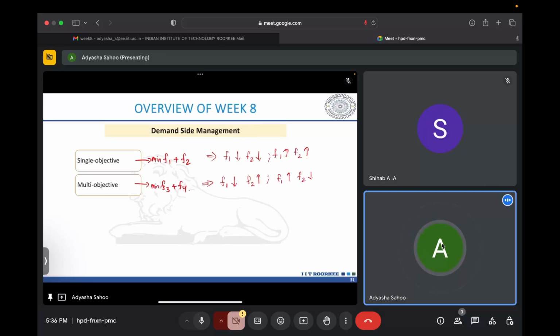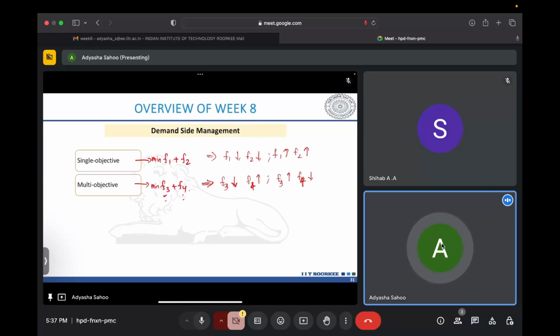If the behavior is such in the two objective functions, then we have to consider the optimization problem as a multi-objective function, because then you need to decide that whenever you try to minimize f3, this f4 will increase, and if you try to minimize f4, f3 will increase. So there is a trade-off between the optimality, that is, whose objective function you want to decrease.